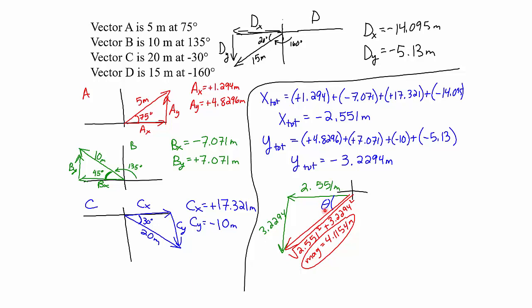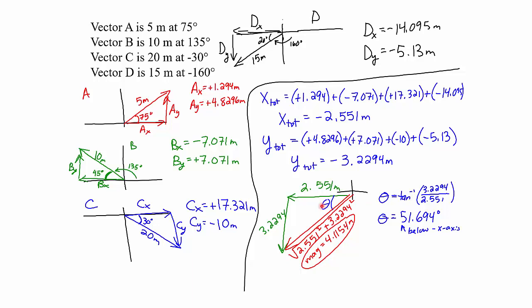So the tangent of that angle theta is the ratio of the opposite side to the adjacent side. So the tangent of theta is 3.2294 over 2.551 meters. And so theta is the inverse tangent of 3.2294 over 2.551. To undo that tangent function, I use the inverse tangent function.